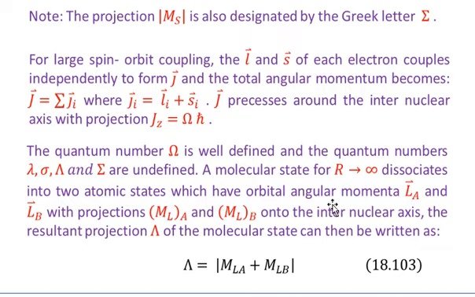The projections of these angular momenta on the internuclear axis, or the z-axis, will be MLA and MLB, and capital lambda is equal to the modulus of MLA plus MLB.